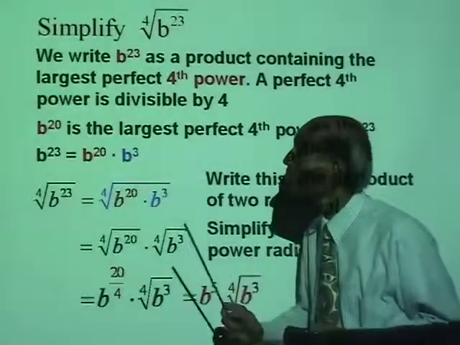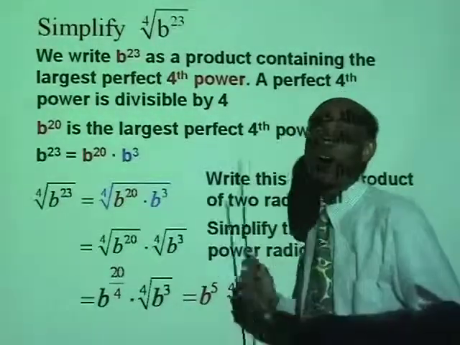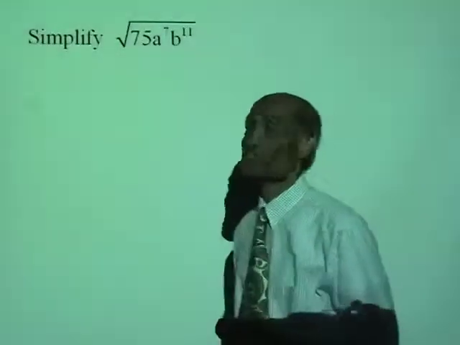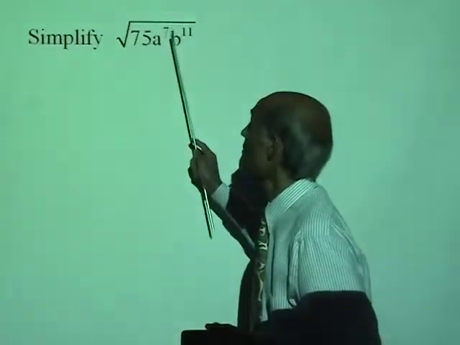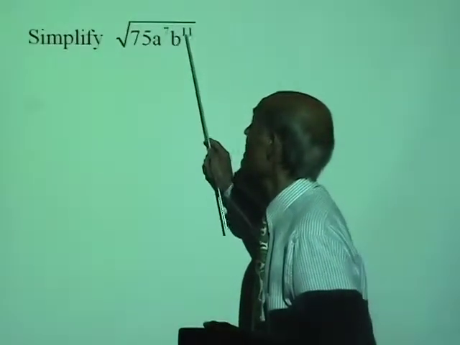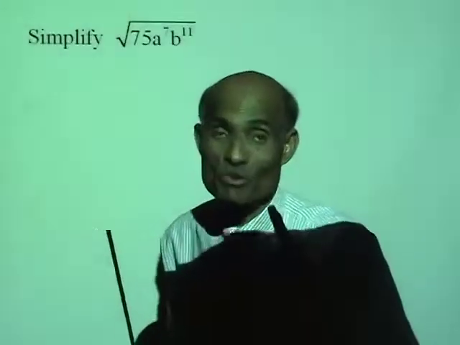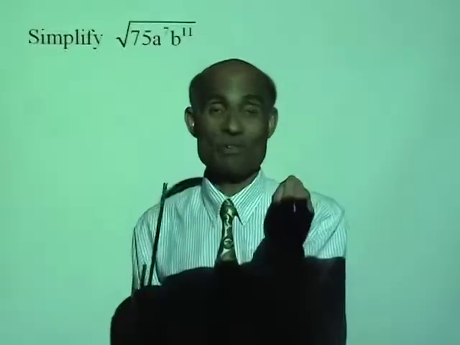Alright, take note of this. We are going to use this in many of our coming examples. And look at this. Simplify the square root of 75 a to the power of 7 b to the power of 11. This is a square root. So what kind of perfect power are we looking for?